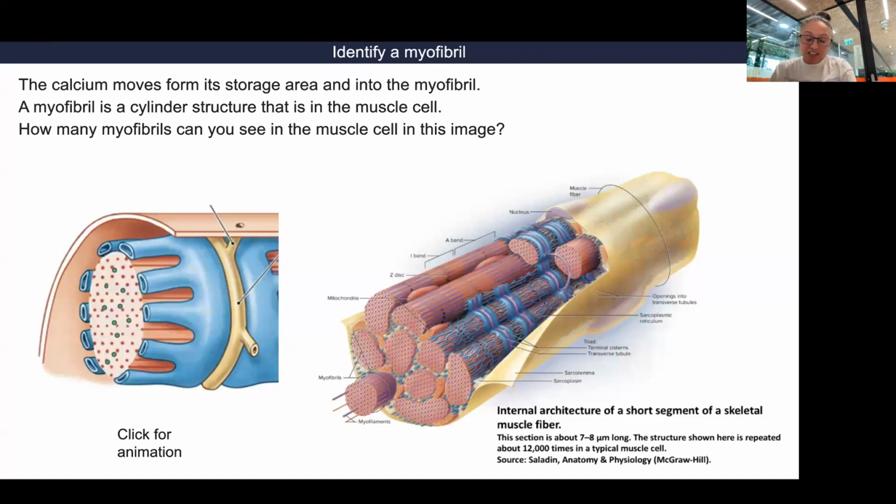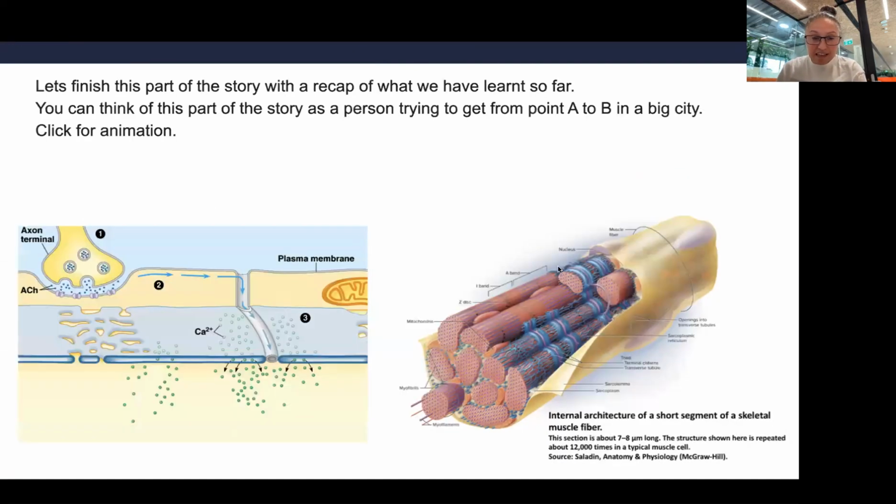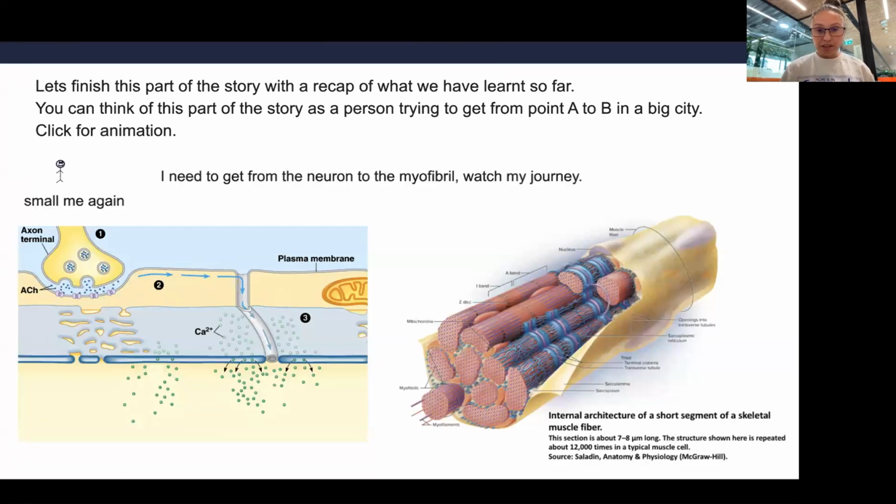Okay, so I think that was the last bit of the recording. Let's just finish this part of the story about what we have learnt thus far. You have an action potential. Right, so we need to get from the neuron to the myofibril. This is little me again.